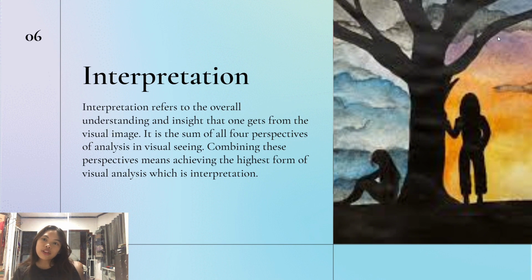Putting it all together, when you look at the picture using all these steps, you're doing visual analysis. And it helps you see more than just what's on the surface and appreciate the artist's message.